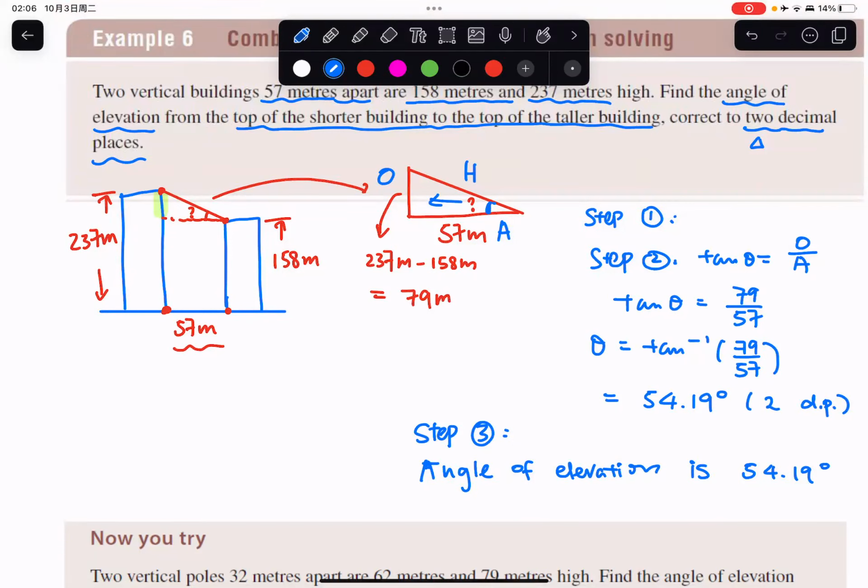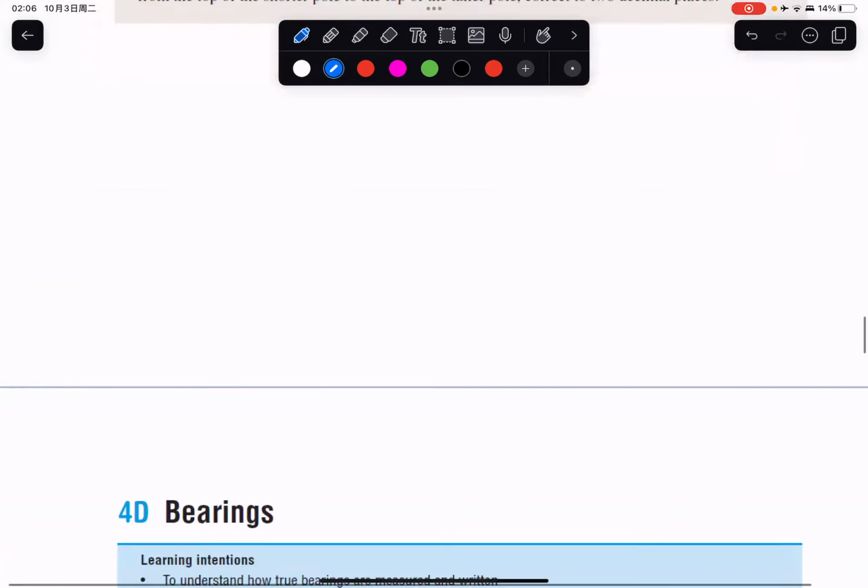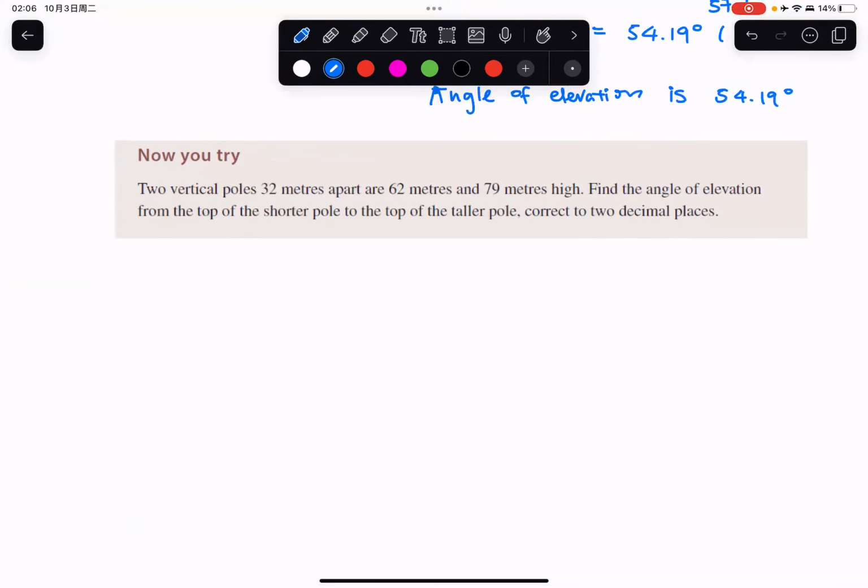We know two sides and it's asking for an angle, so we use the inverse trigonometric ratio. Now you can try this one, very similar. Now it's not two buildings, it becomes two vertical poles. Very similar. Now you try these two.